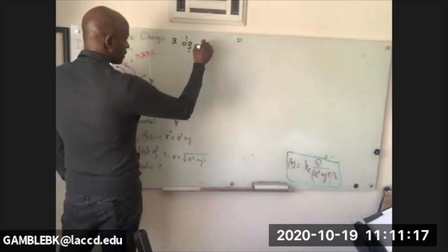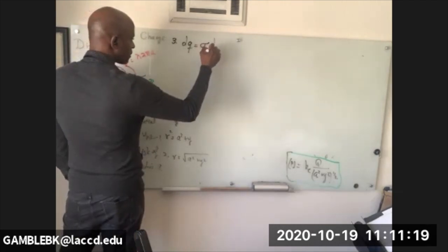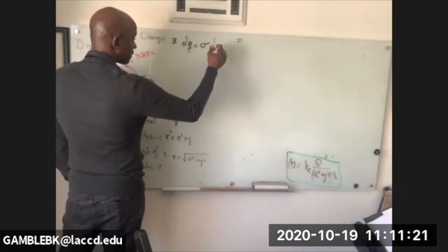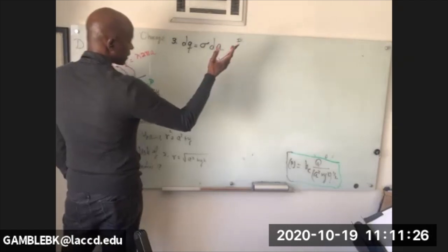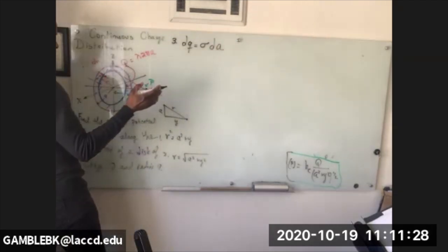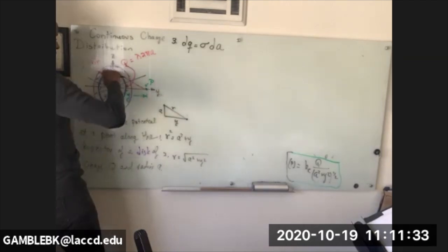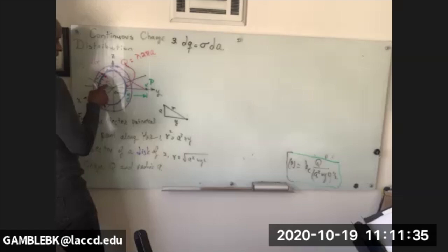So sigma times dA. I use a small d for area. And the area is the circumference times that radius.